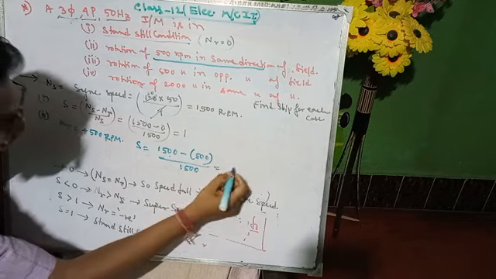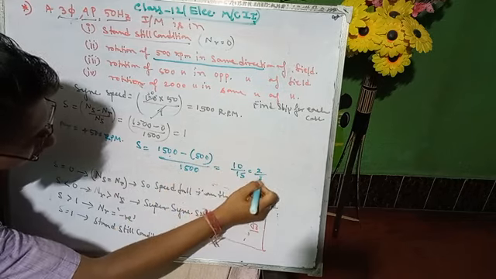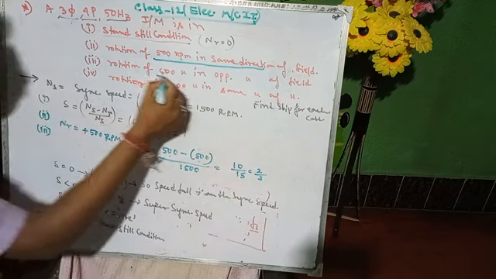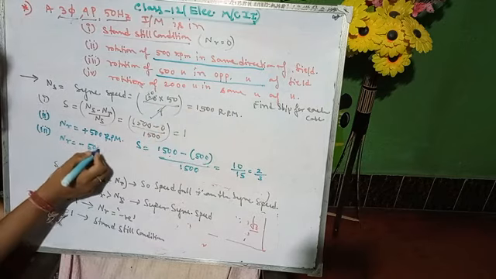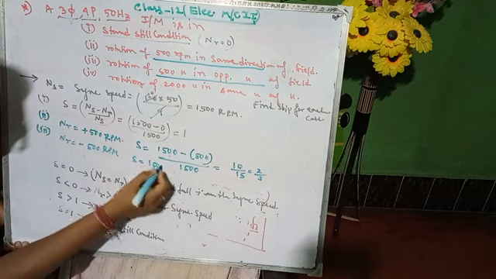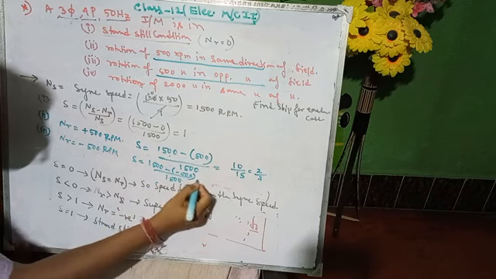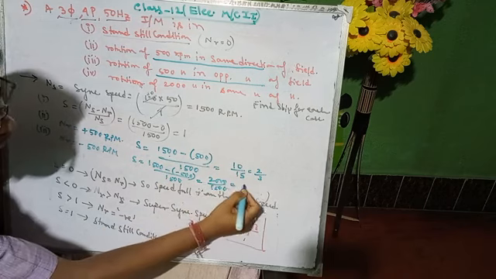That is 10 by 15, that is 2 by 3. So slip will be 2 by 3 here. And for the third case, 500 rpm in the opposite direction, that is nr equals minus 500 rpm. So s equals 1500 minus of minus 500 by 1500, which is 2000 by 1500, that is 4 by 3.